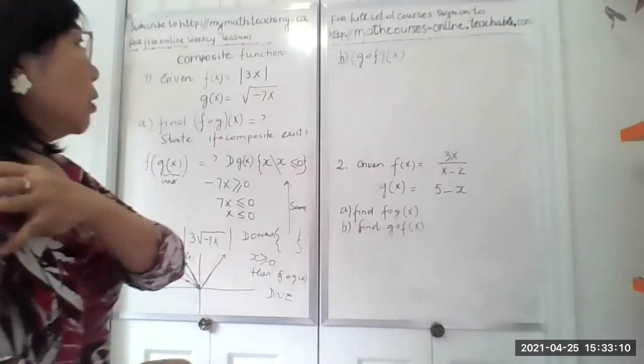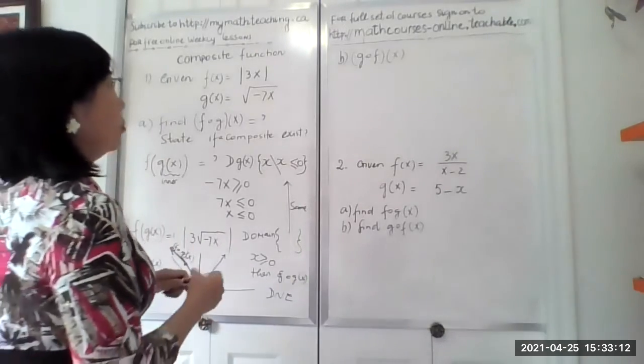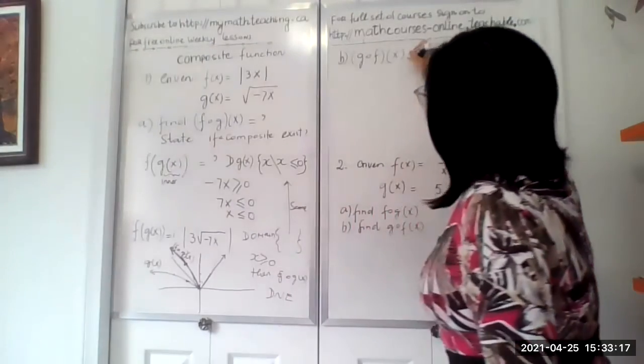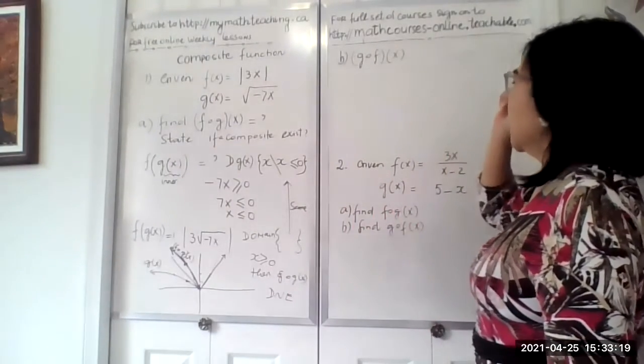Now let's work on question B. For B, we're going to do the reverse. We will do g of f of x.